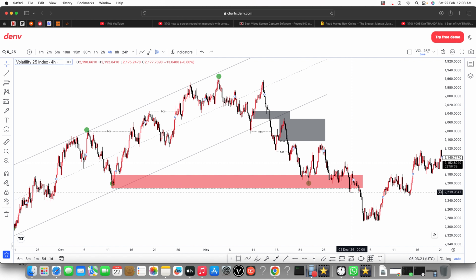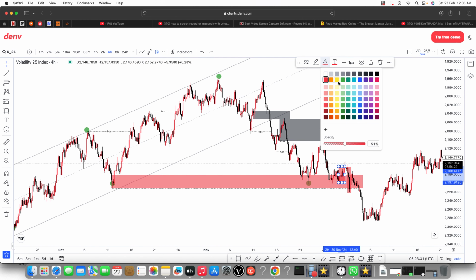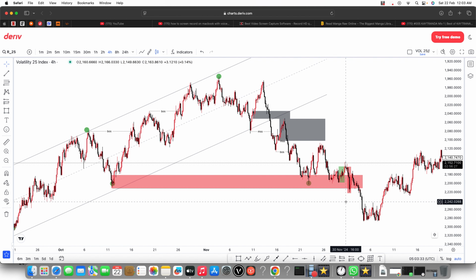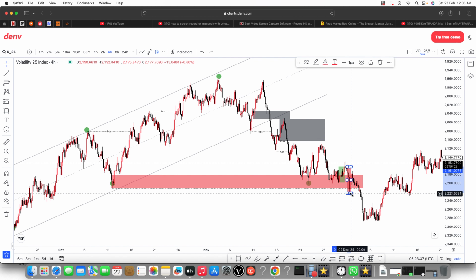And then this distribution now would denote the sell candle, and this would have been the green candle, indicating that we have an order block breaking the zone.